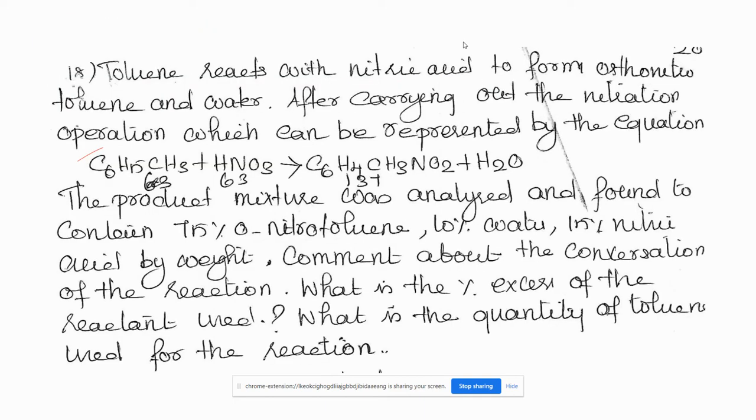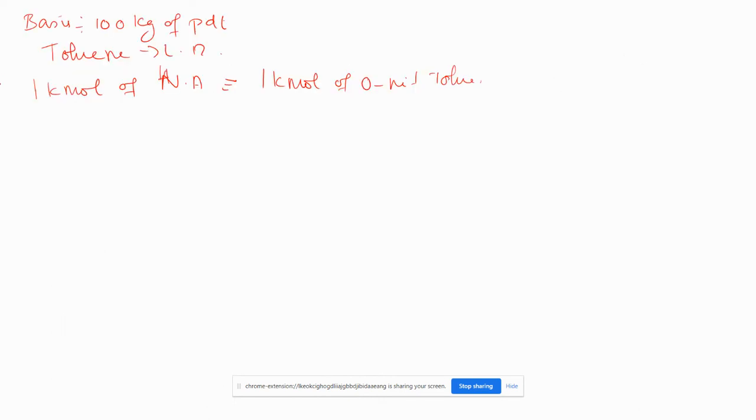The molecular weight of nitric acid is 63 and the molecular weight of orthonitrotoluene is 137. So for 63 kgs of nitric acid, you will be having 137 kgs of orthonitrotoluene.